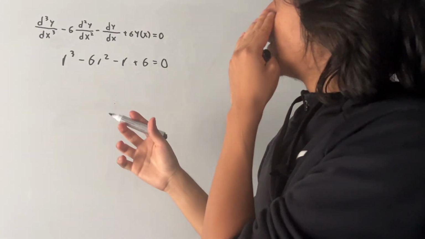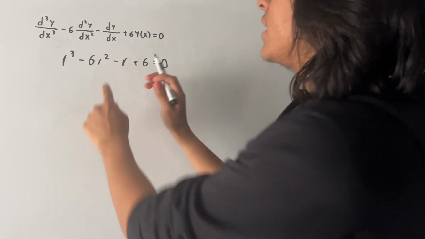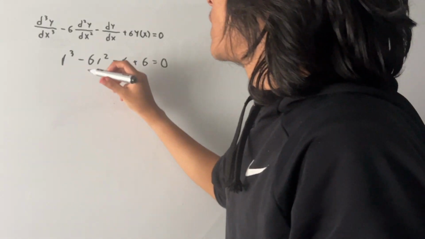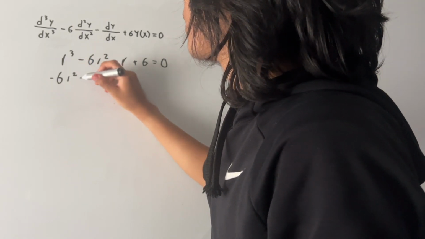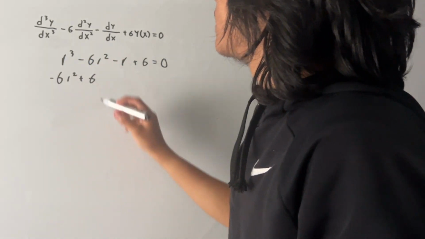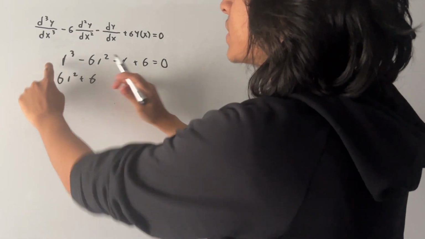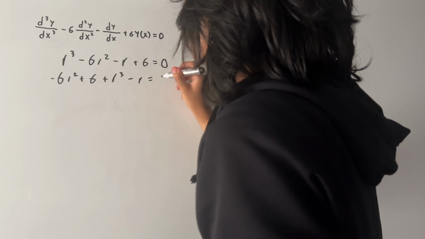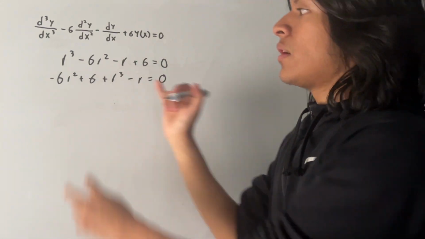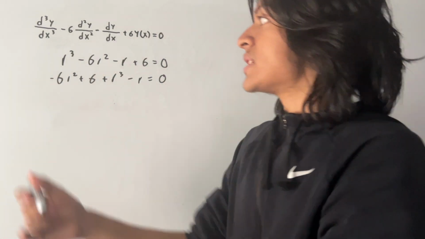So what we could do here is get these two 6's together. So I'm just going to go ahead and write negative 6r squared plus 6. Then get these two terms together. So plus r cubed minus r is equal to 0. On this left hand side, we can factor out a 6.